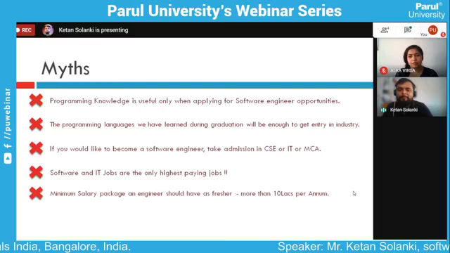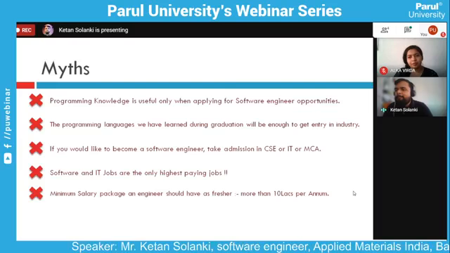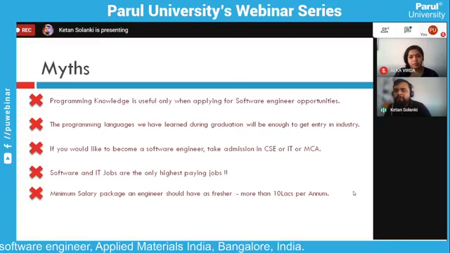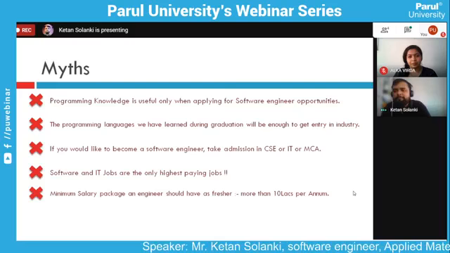I put this point because there are people who started with 5,000 per month and are now, after 5 years, doing a job at 30 lakh per annum. So it's not a choice of the starting package, it's a choice of where we are starting. So this is a tricky myth.